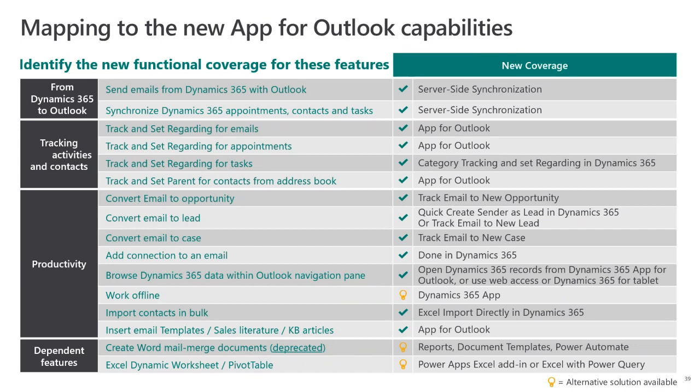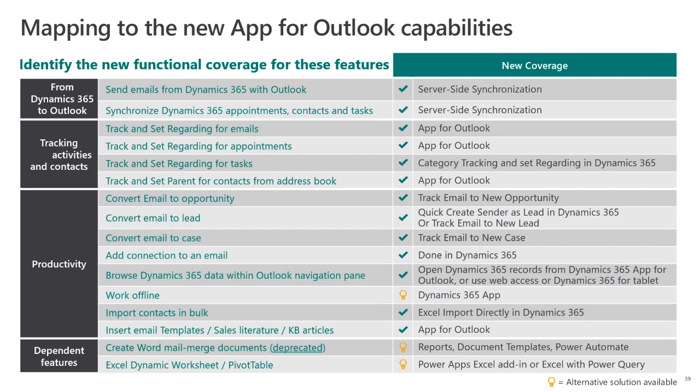We also have plans and current work to make that work on the Windows 10 tablet application. To import contacts in bulk, you can use the standard Excel import feature in Dynamics 365. To insert email templates, sales literature, and KB articles, this is native with the app for Outlook.